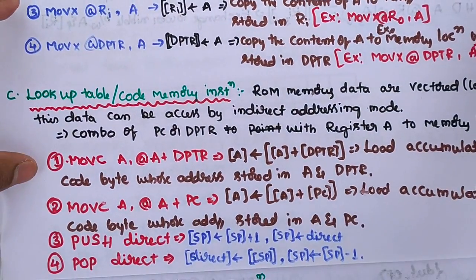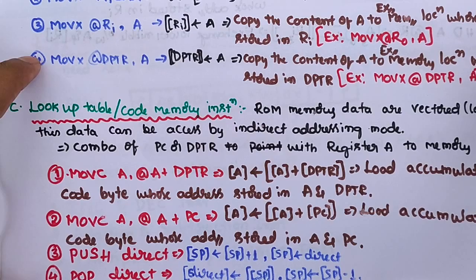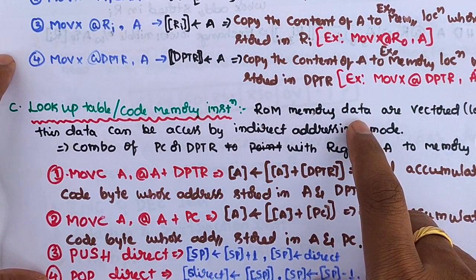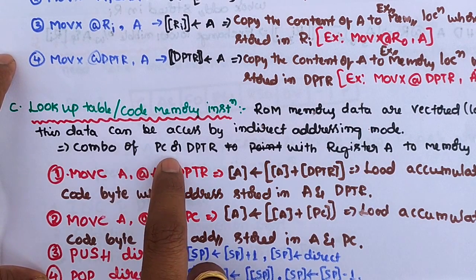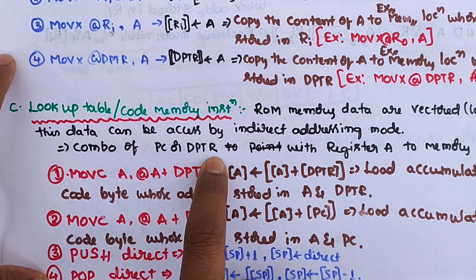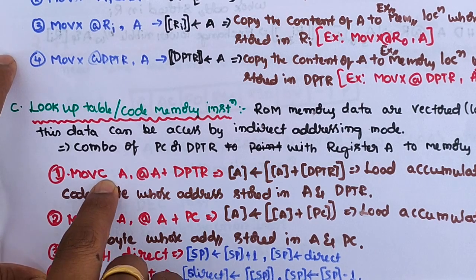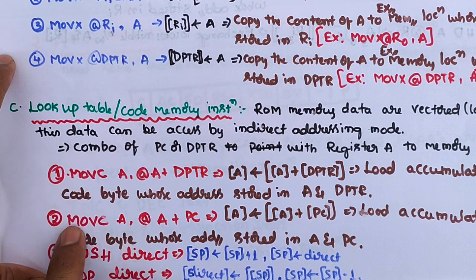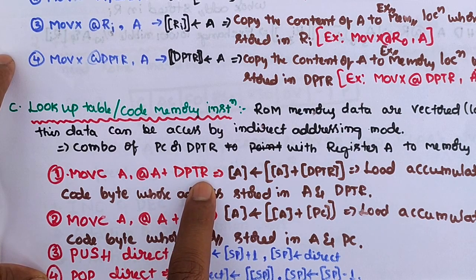Next we are going to discuss ROM location data exchange, or copying content from the ROM. Here we are using both the program counter and DPTR as pointer registers, therefore we are using the mnemonic MOVC, which indicates transfer of code memory. MOVC A comma @A plus DPTR.